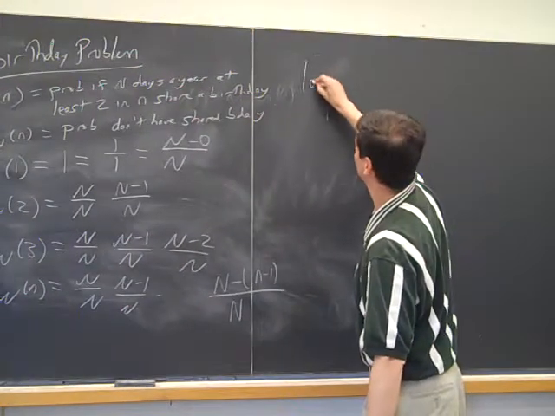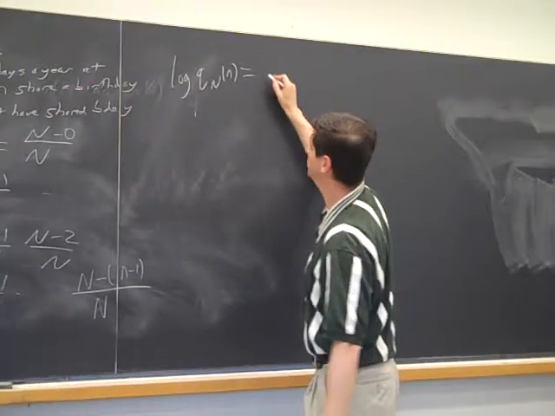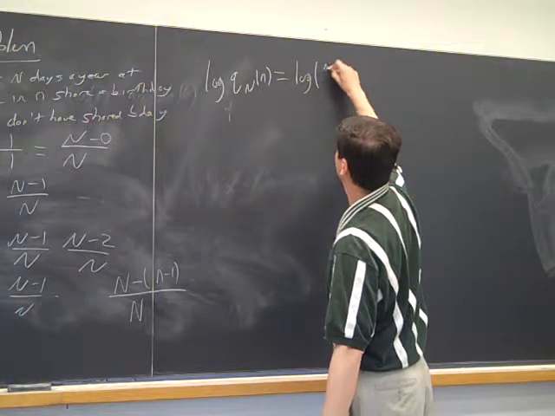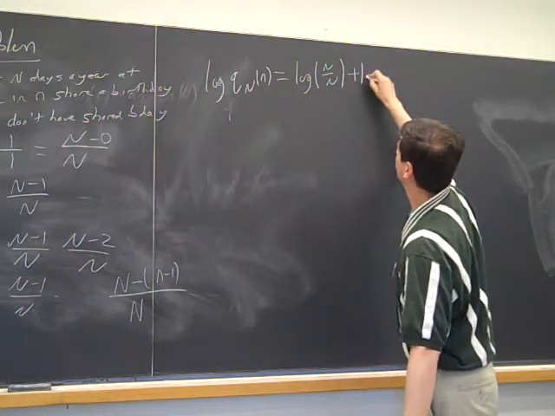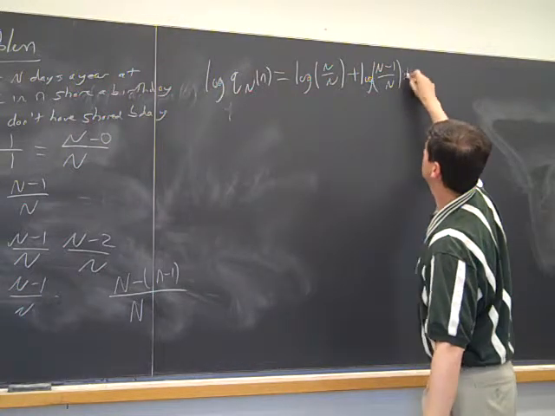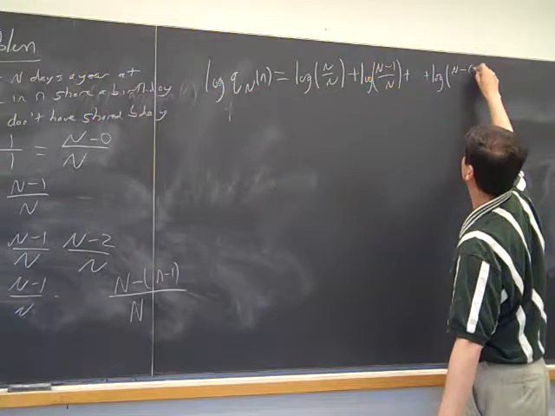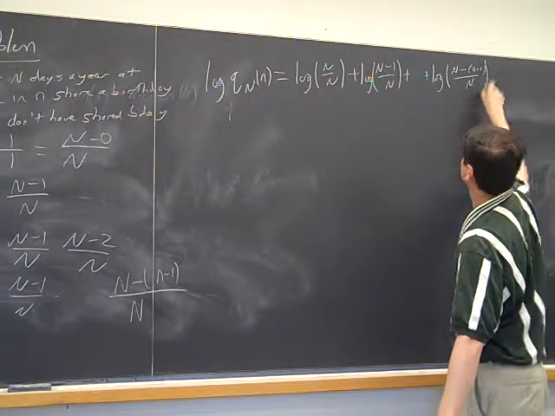So the log of Q_n of n is now going to be the log of n over n plus the log of n minus 1 over n plus dot dot dot plus the log of n minus little n minus 1 over n.